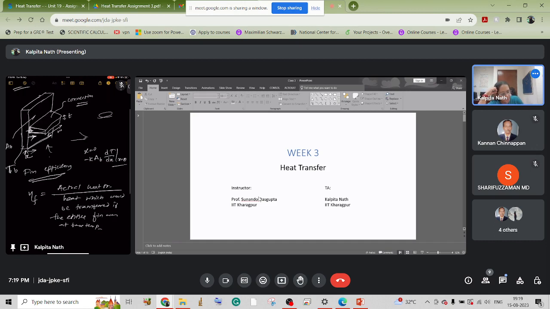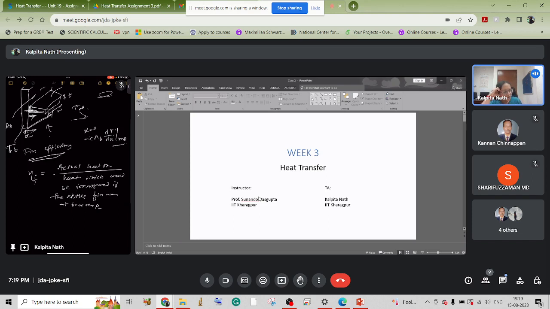That means when we move in the x direction, obviously the temperature will decrease gradually. If this is the base temperature at the surface where we attach the fin, the temperature will reduce, and eventually, if the fin is long enough, it will be close to the ambient temperature, that is T infinity.